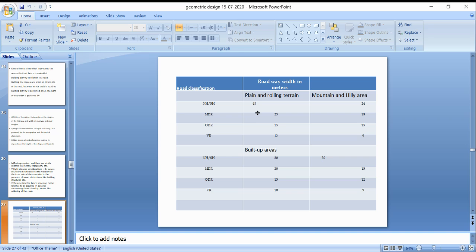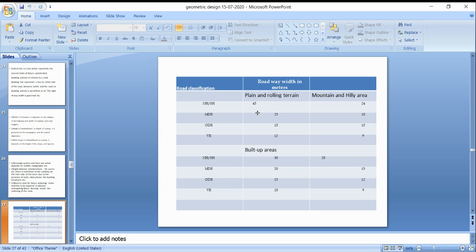For open areas it will be 45 for national highway, 45 in the plain area, okay, and for the hilly area it's 24. For major district roads it's 25, and in the hilly area it's 18.